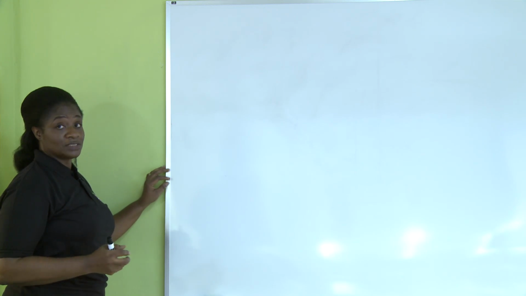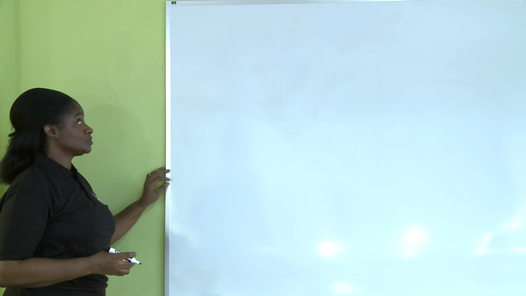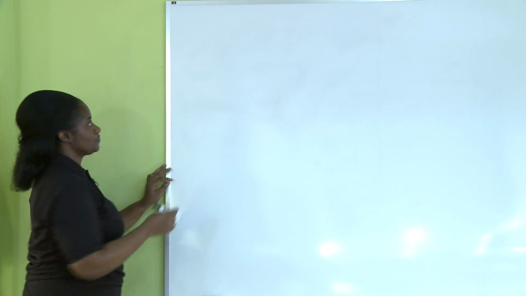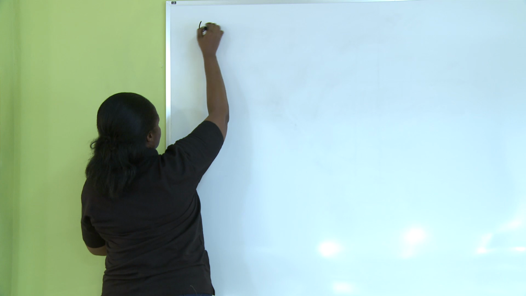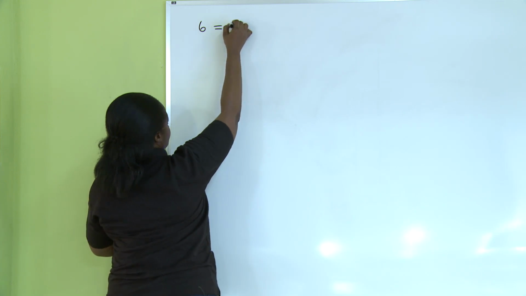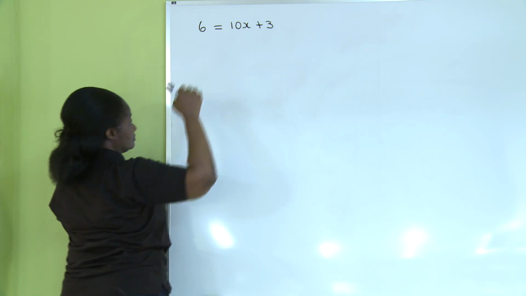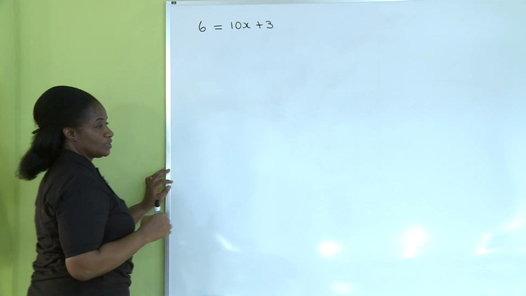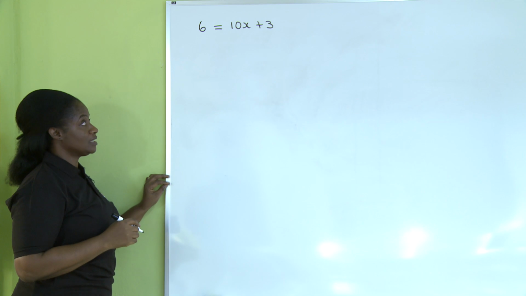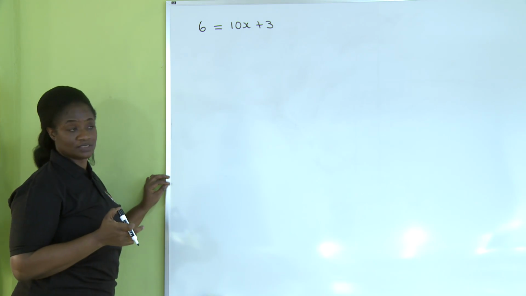Let us consider some linear equations. I am going to create some for you. 6 is equal to 10x plus 3. Now I would like you to do an activity, and I'm going to demonstrate the activity first.